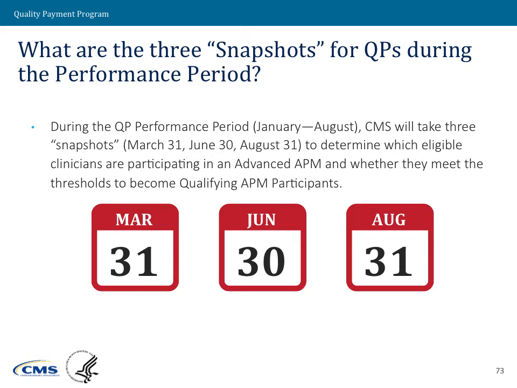So March 31st, what we'll do is we'll go into our systems and see who is considered participating in an advanced APM at this point in time, and are they associated with a particular APM entity. And so that's how we consider that APM entity group of clinicians to then assess them whether or not they meet those QP thresholds. Then we'll do that again on June 30th.